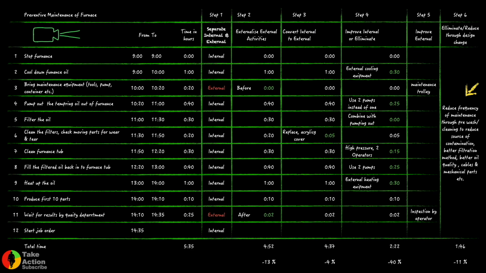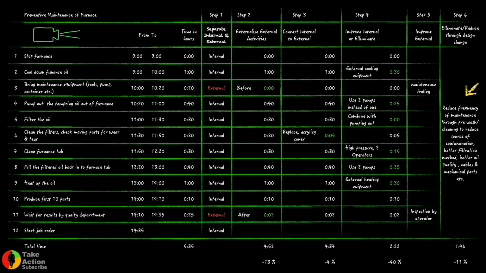For example, we have to do the preventive maintenance because the oil gets dirty after 1 week. But if we could pre-wash the parts with an inexpensive process, we can very easily increase the time it takes for the oil to get dirty. We can also use a better filtration method, maybe better filters or another filtration unit, so that the oil gets purified and stays in good condition for more than 1 week, for 1.5 weeks or 2 weeks.